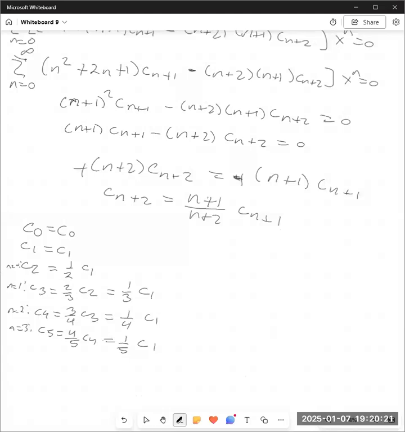So we have y_1 is equal to just c_0, and y_2 is equal to c_1 times x plus 1/2 x squared plus 1/3 x cubed plus 1/4 x to the 4th plus 1/5 x to the 5th plus and so on.